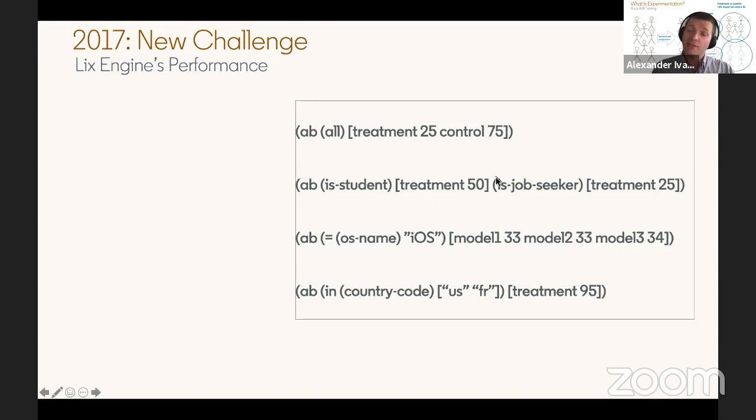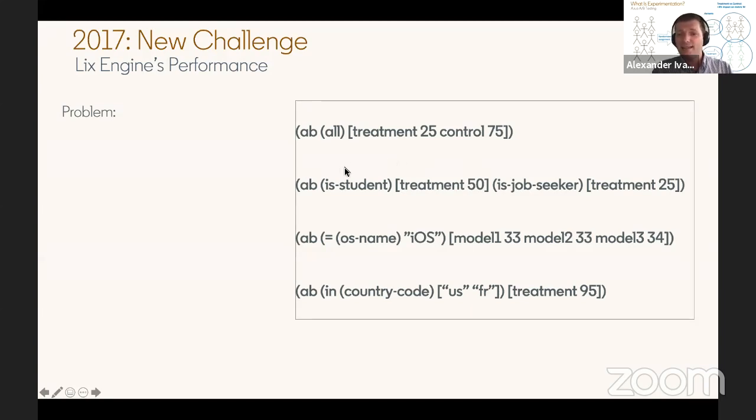But in 2017, we understood that you have to continue evolving, because things that worked normally before no longer work when you have a lot of services running your code. We encountered a bottleneck with the experimentation engine. It's essentially a library that does one thing, but does it really well.